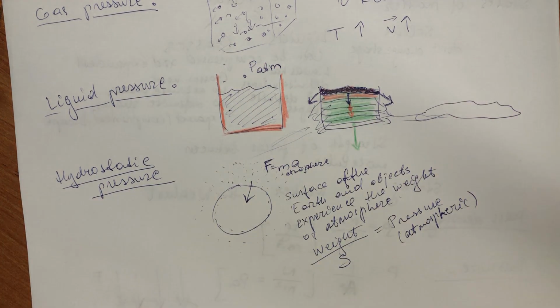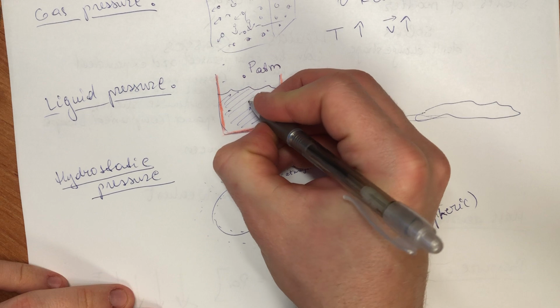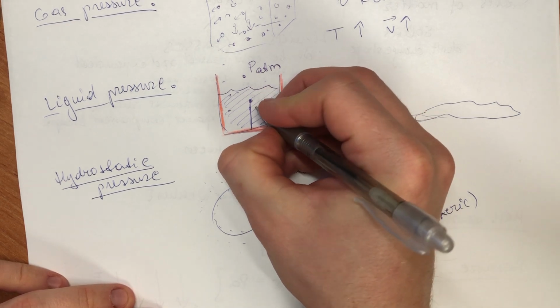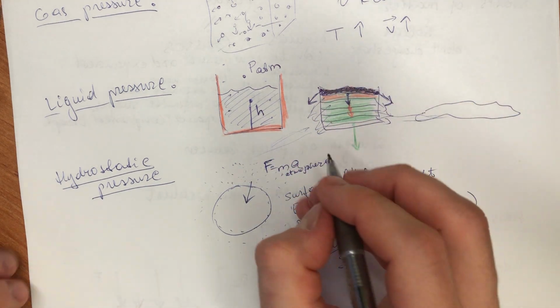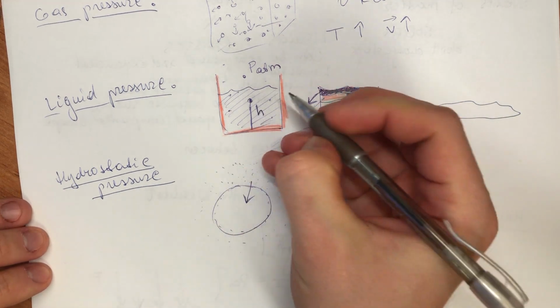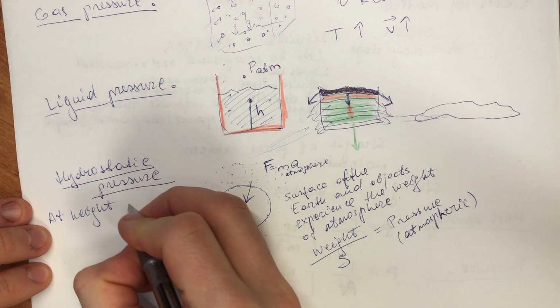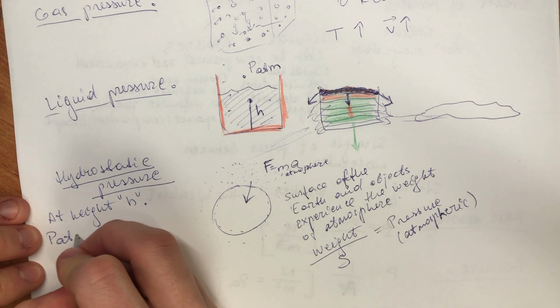At every point there is atmospheric pressure. Inside this container, at the height h, there is also atmospheric pressure.